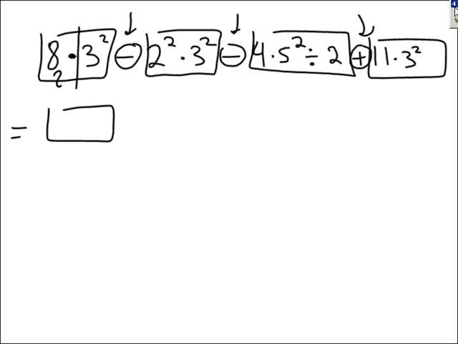Well, to the left of the line is 8, and 8 just equals 8. To the right of the multiplication symbol or the line is 3 squared, or 9. 8 times 9, 72. Minus 2 squared times 3 squared. Well, 2 squared means 2 times 2, which is 4. 3 squared means 3 times 3.